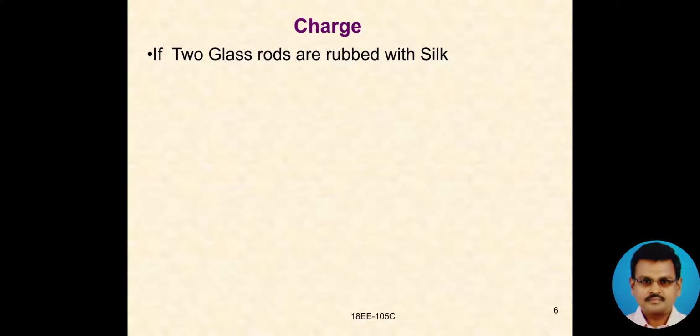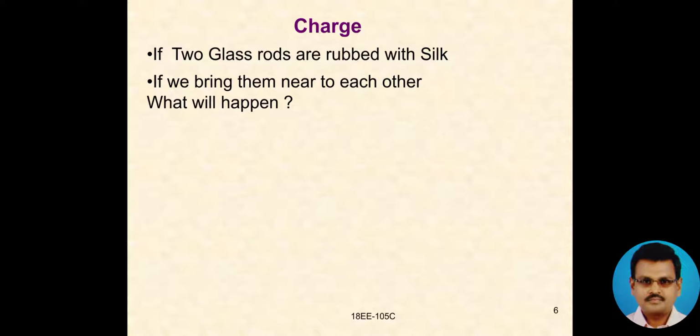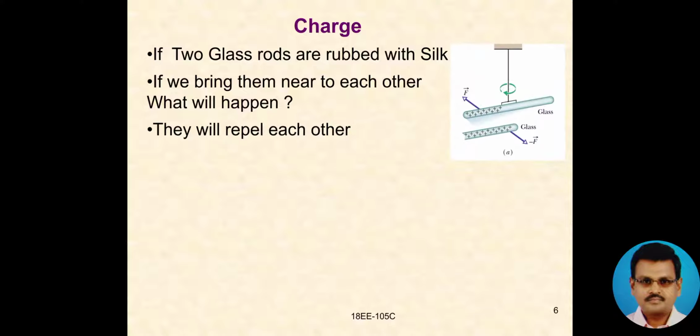Before discussing the electric potential, let us know something about the charge. What is charge? We know that there are two charges, positive charge and negative charge. With this small observation, we can understand.